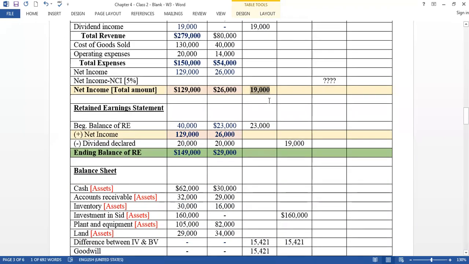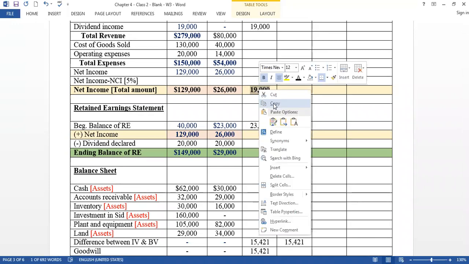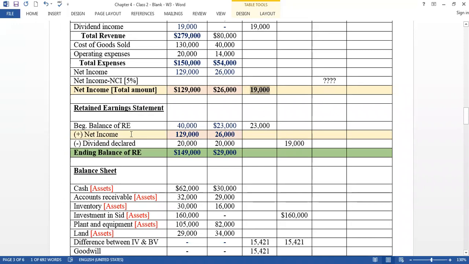Then I told you that this pink is the net income column, right? Net income cell. So we have another cell of net income. Do you understand here? I told you that whatever you write in the pink, everything should come here. So we have a new amount here, 19,000. We put here 19,000.